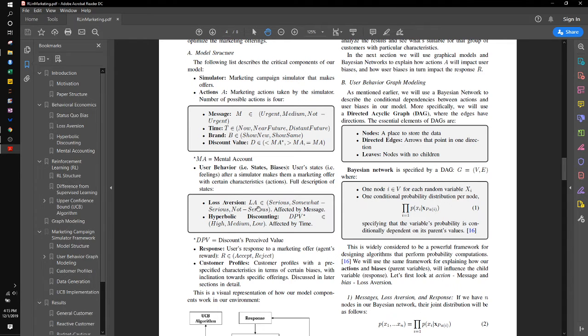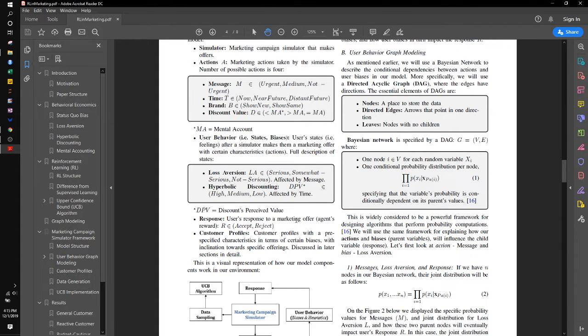Loss aversion is serious, somewhat serious, or not serious, and hyperbolic discounting is the discount's perceived value, so it's affected by time. If I make somebody an offer right now, they potentially perceive that discount's value as very high. We have the response, where users either accept or reject the offer, and we have the customer profiles.